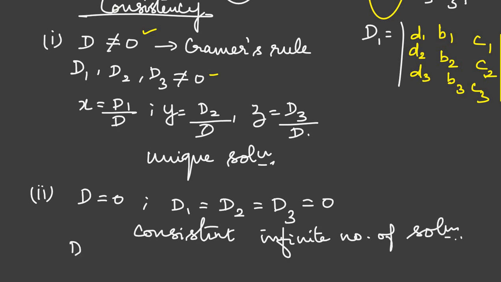Suppose if any one of either D1, D2 or D3 is not equal to 0, we say the system of equations is inconsistent having no solution.